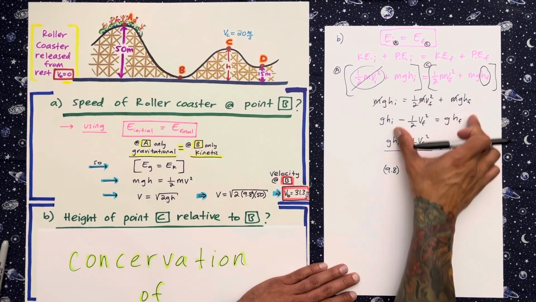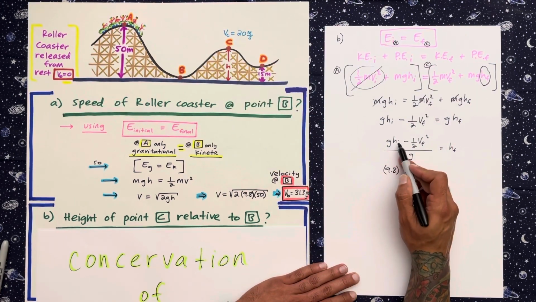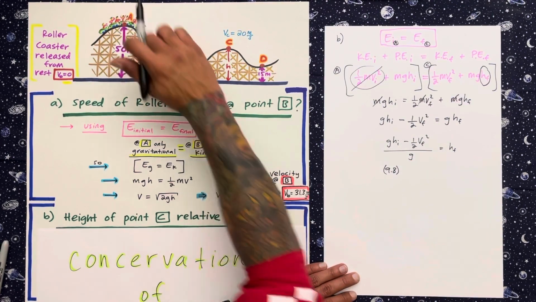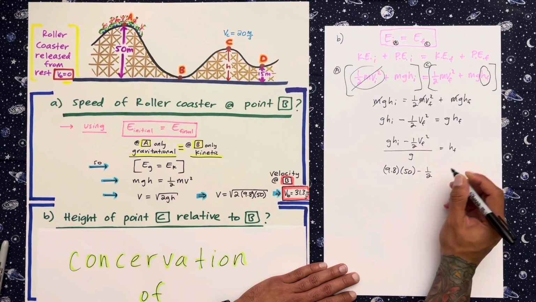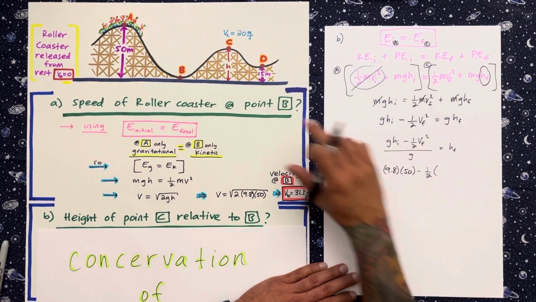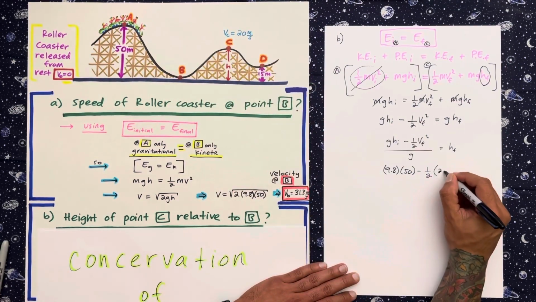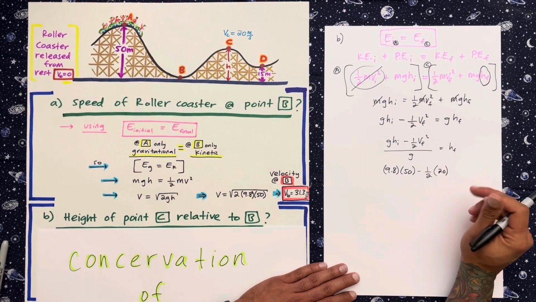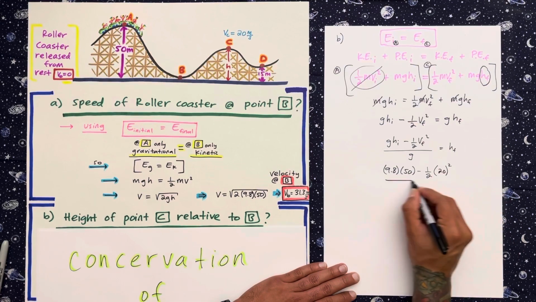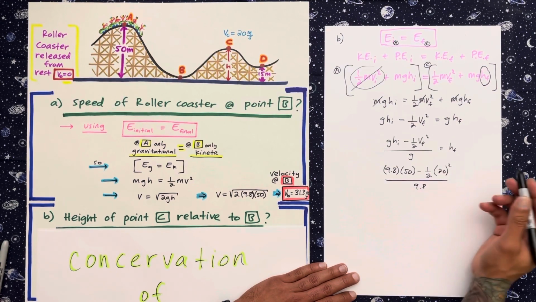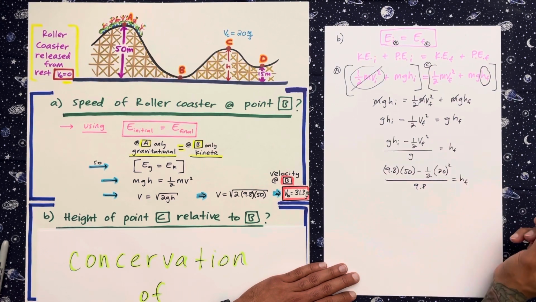We have all these values and we're solving for height final. What is height initial? Well, height initial, 50, minus 1/2 velocity final, which is here, 20 meters per second, and that's squared, and everything divided by 9.8. Okay, perfect. So this is equal to height final.